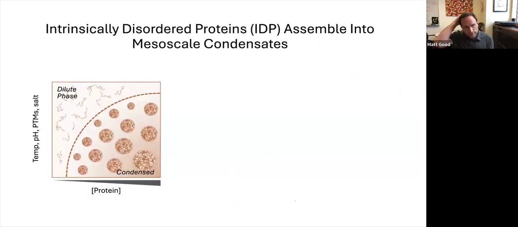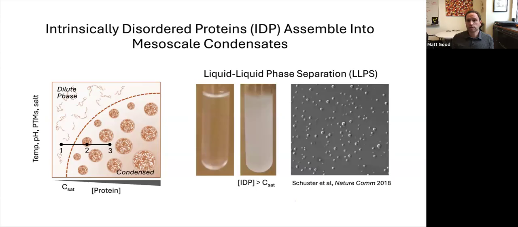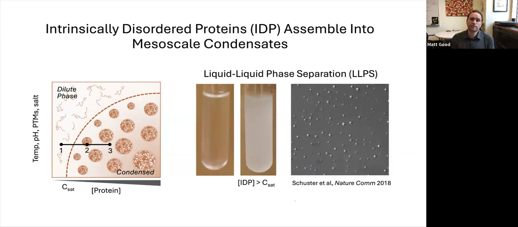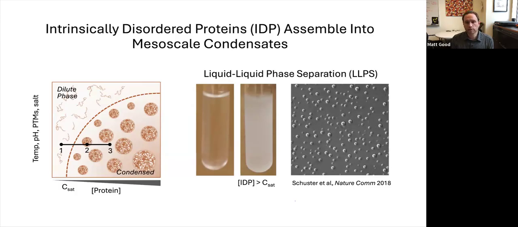Just for context, unlike how we think about assembling rigid protein compartments, if you think about nanocages or viral capsids, we understand the assembly of membraneless organelles is really driven by equilibrium phase separation. So disordered polypeptides when above their critical concentration, if you're looking at a test tube, you'll get this self-assembly into condensates that visually look like a turbid solution at the macro scale, and then these liquid-like droplets at the microscale.